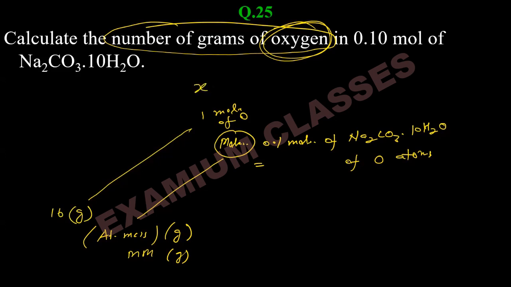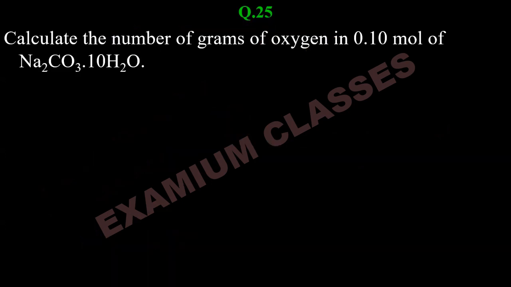So whatever moles I get, those will be equal to how many grams? I will apply the unitary method. I'm first calculating how many oxygen atoms are there. Oxygen atoms in one molecule of this are 3 plus 10, that is 13 atoms.